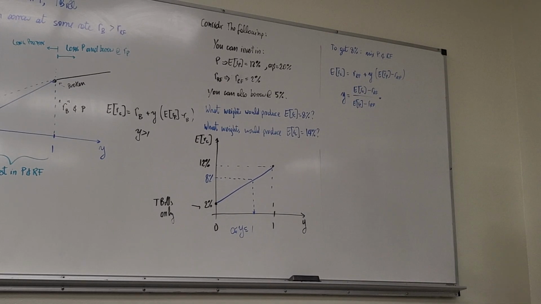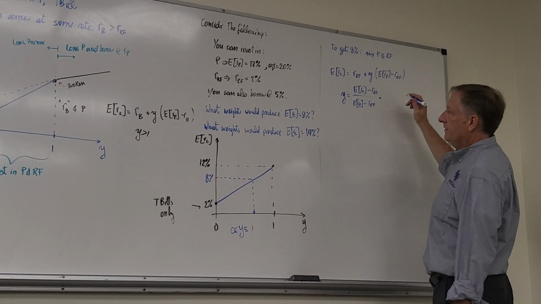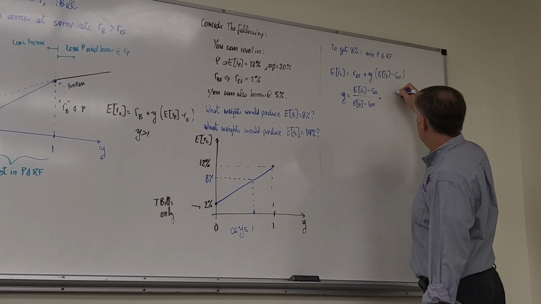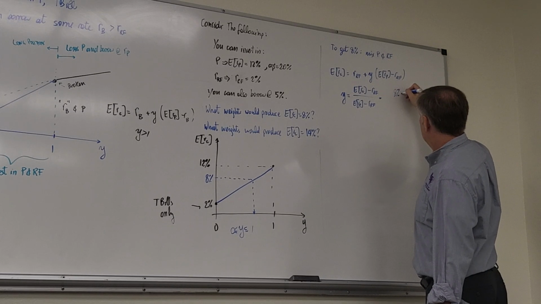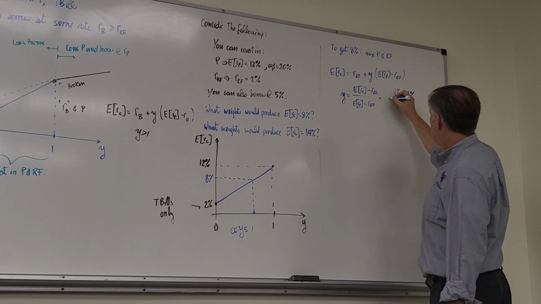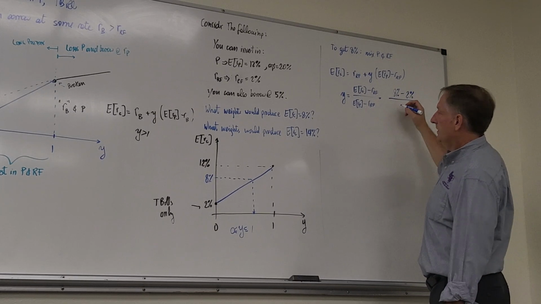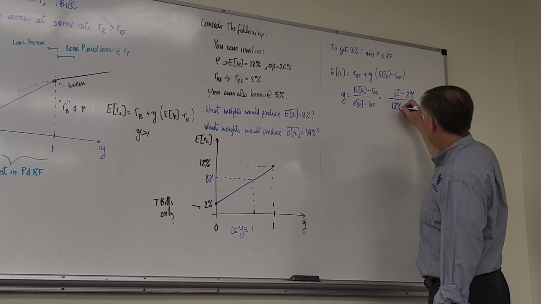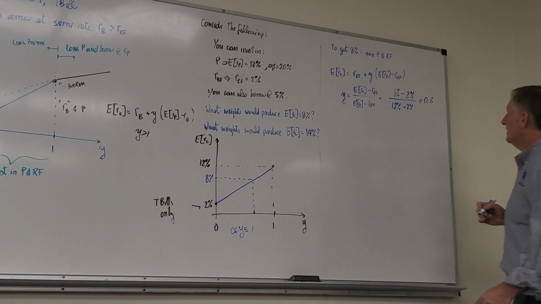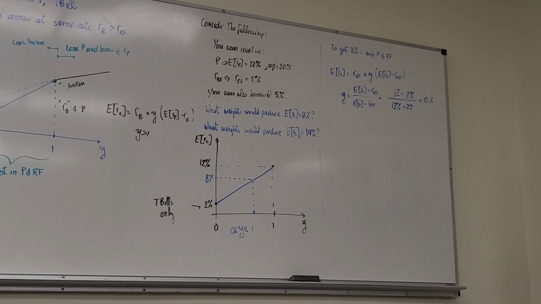So you're expecting an answer to be between 0 and 1, right? So let's see if the math works out. The target is 8%. The risk-free is 2. The risky asset is 12. So 0.6.